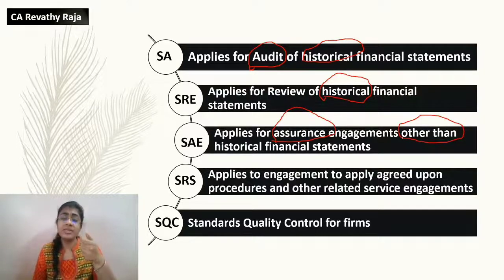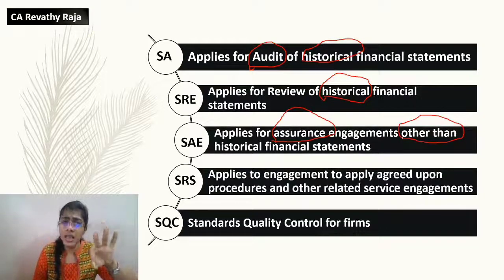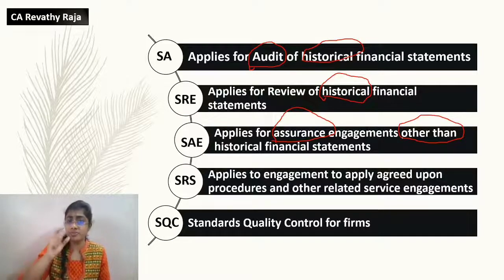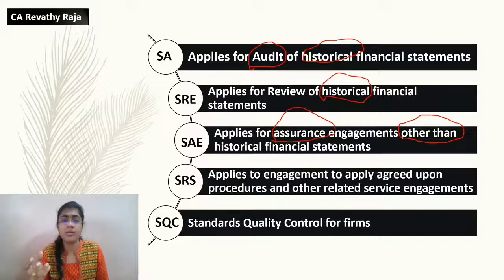Fourth one you have standards on related services. Related services means other than audit, other than review, other than assurance. Now you will ask, what is that? See, for example, you are compiling the financial information. I mean compilation engagement. In compilation, are you giving any kind of assurance? No. But aren't you doing related services to financial information?